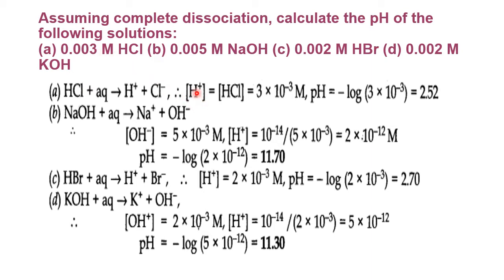So the concentration of H plus is nothing but the concentration of HCl. It has dissociated completely into H plus. How much we have taken in the beginning? That much is completely dissociated, 1 mole to 1 mole. The concentration is 0.003, which means 3 into 10 to the power minus 3 M. This is the concentration of HCl as well as the hydrogen ion concentration.